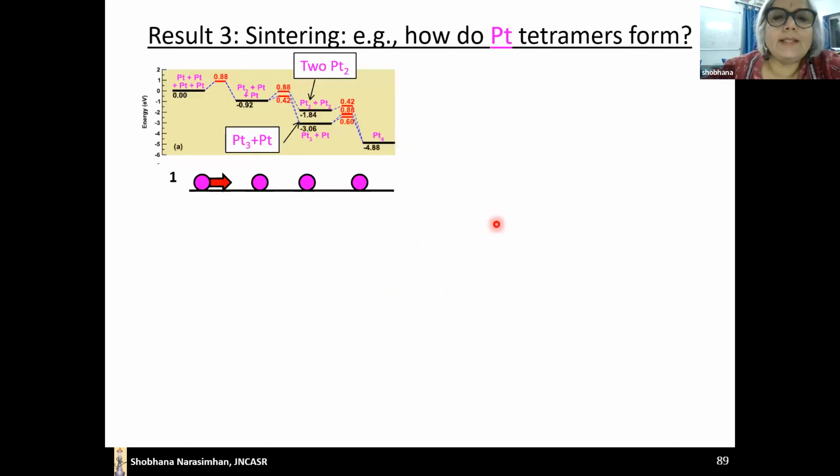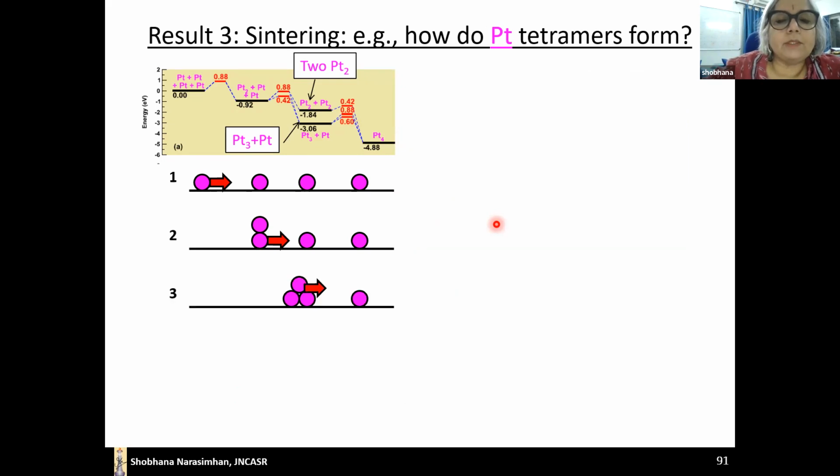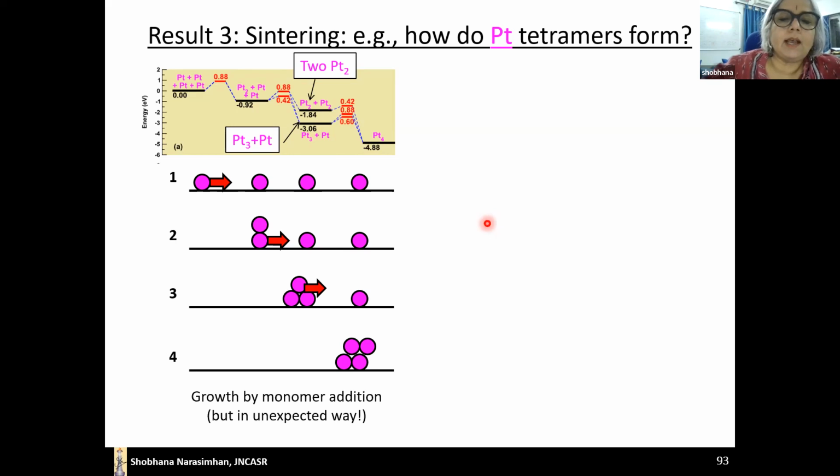So let's see how a platinum tetramer forms. So if I look at every step, first step, 1 atom diffuses and it forms a dimer. Then the most favorable thing is for the dimer to diffuse and form the trimer. Then it is most favorable for the trimer to diffuse and form the tetramer.